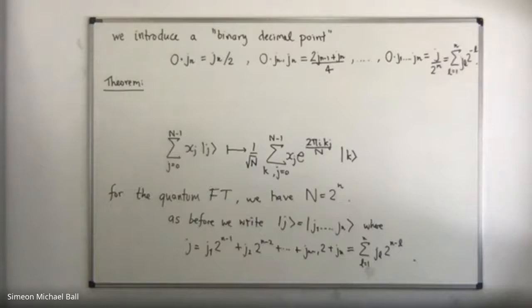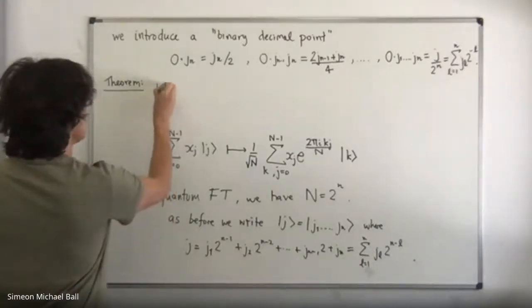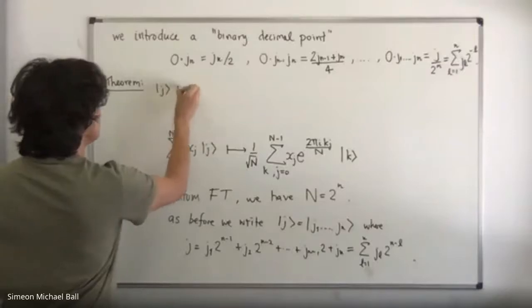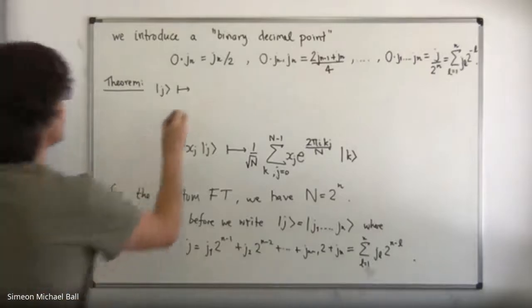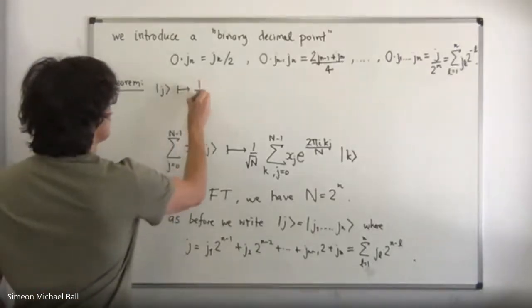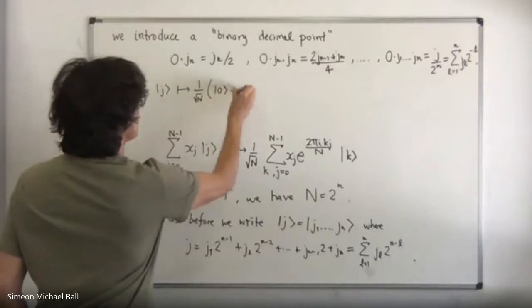So let's just see where j goes. Just include j, and the other bit will be extending it linearly. This is going to go to 1 over square root of N, (|0> plus e to the 2 pi i 0.j_n |1>) times (|0> plus e to the 2 pi i 0.j_{n-1}j_n |1>), all the way down to (|0> plus e to the 2 pi i 0.j_1...j_n |1>).